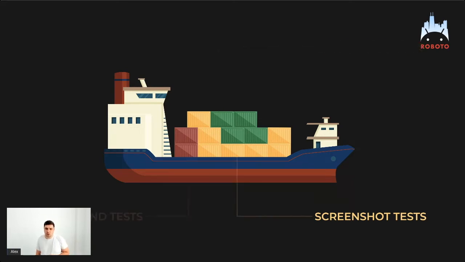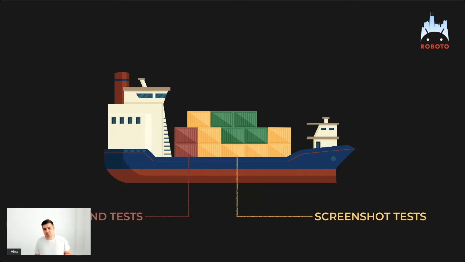The next one we try to remove is functional test. So without functional test, we will have only end-to-end test and screenshot test. So in this case, we can check a real interaction with server, real interaction with environment, etc. In addition to it, we can use pixel perfectness.